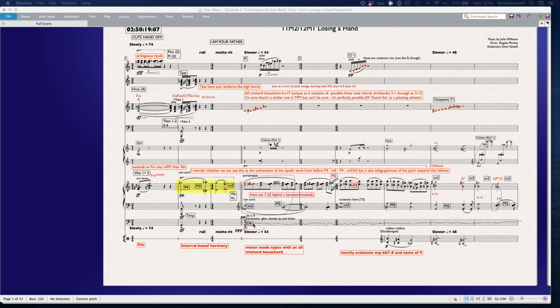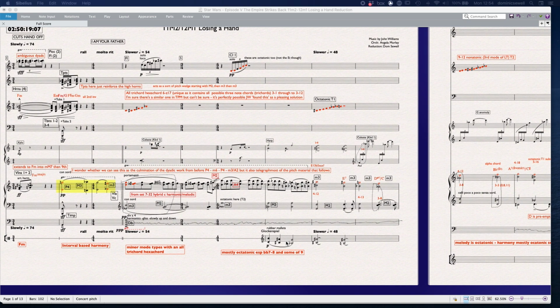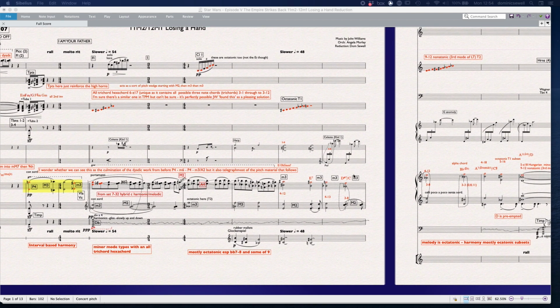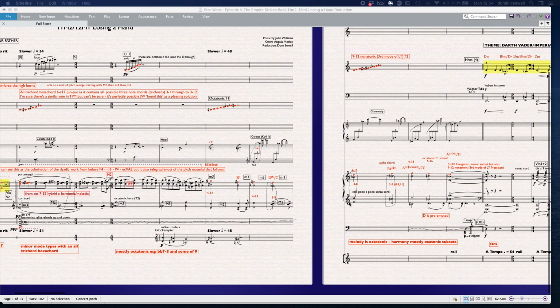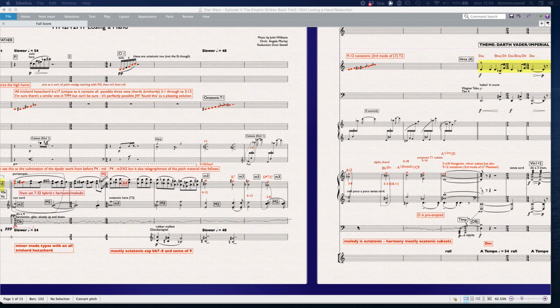Notice those double bass harmonics. Clarinet. Can't hear the glockenspiel at all. Just about hear the harp. Celeste. Notice those double basses are still going on.